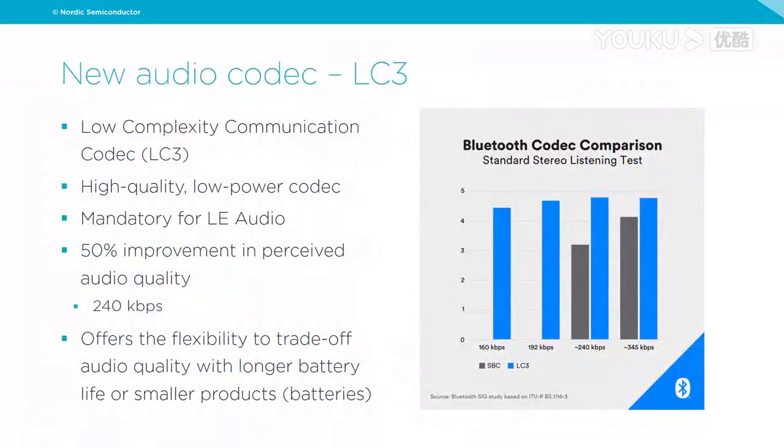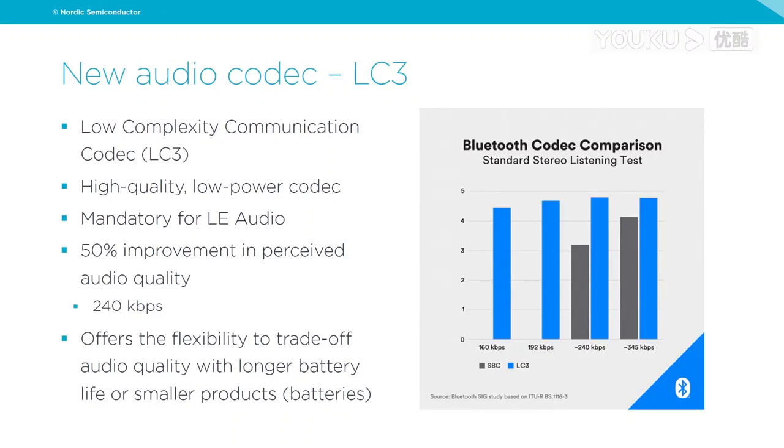Then you have a new audio codec, LC3, which stands for Low Complexity Communications Codec. It's a high quality, low power codec, and it's mandatory to use for LE audio. If we compare it to SBC, which is the mandatory Bluetooth Classic audio codec, you can see that it has a 50% improvement in perceived audio quality when using the 240 kilobit per second bitrate.